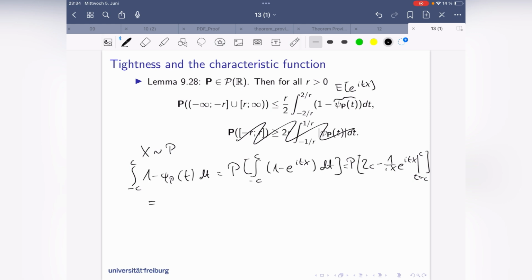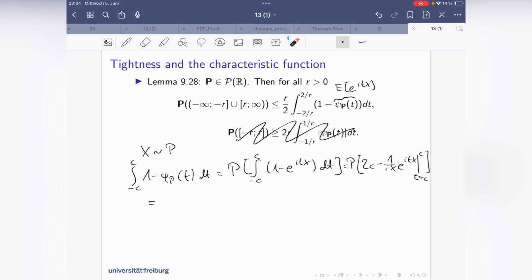Then we see, okay, e to the itX, what is this? That's the cosine of tX plus i times the sine of tX. But the cosine vanishes because we're using here t equals minus c and c, and the cosine is symmetric.